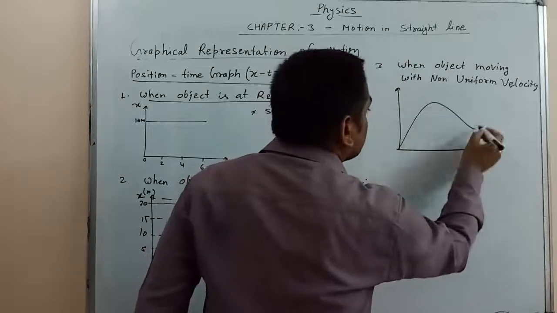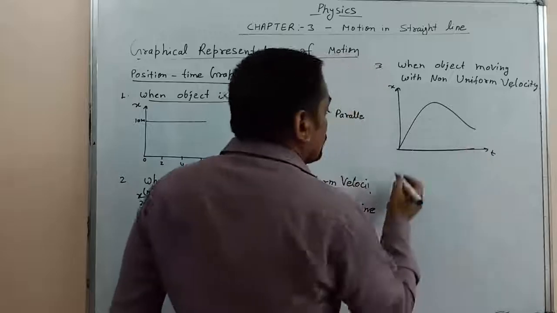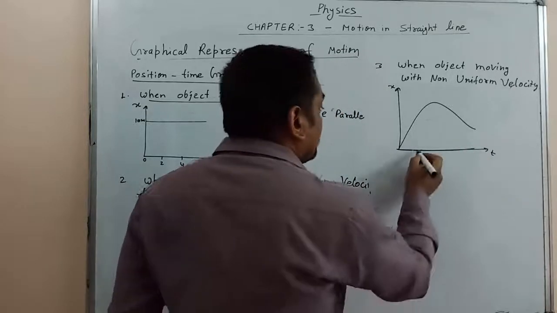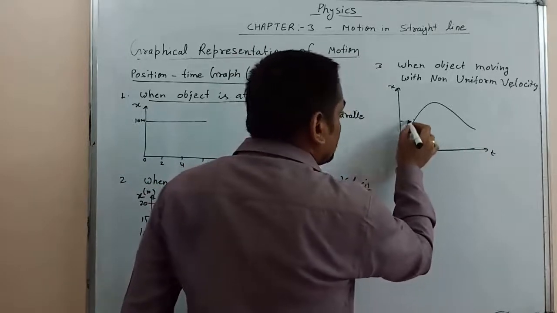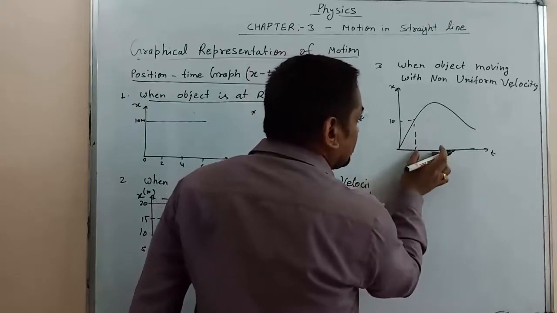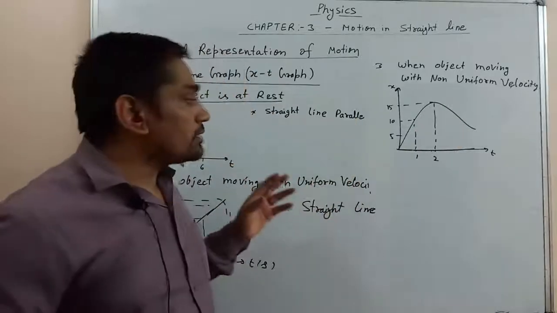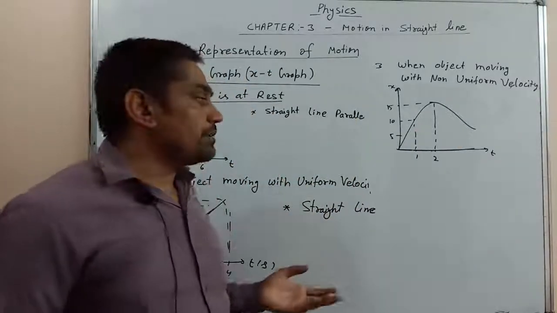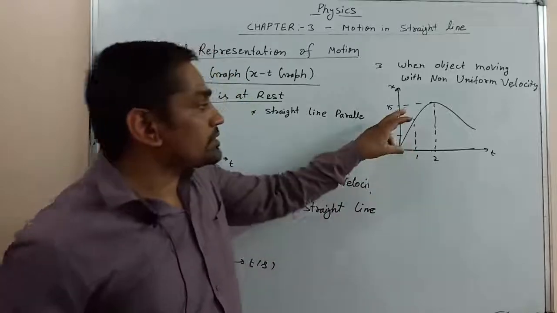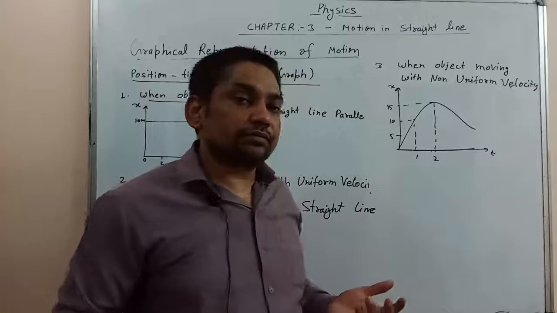So if the graph is like this, so this is the displacement and time. So we can say that in first 1 second the displacement is 10 meter. But next, this is equal time interval. So next 1 second we can say that the object does not cover equal distance in equal time interval, because in first 1 second it covers 10 meter. In next 1 second it covers only 5 meter.